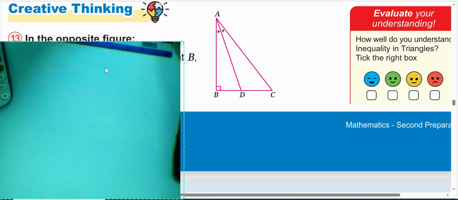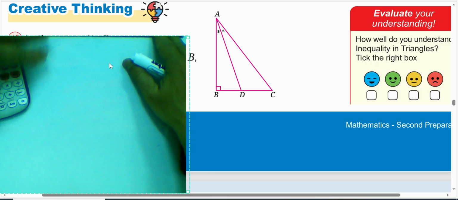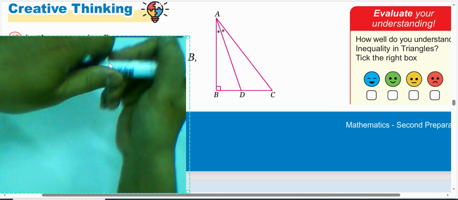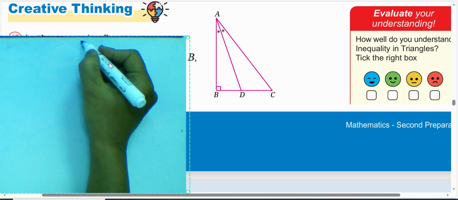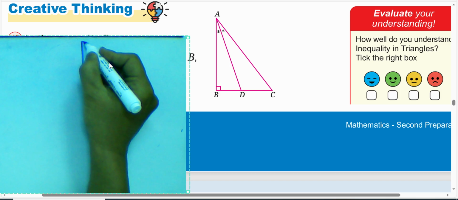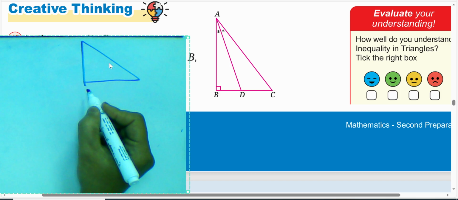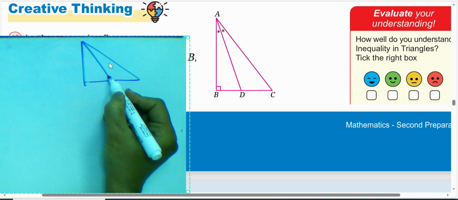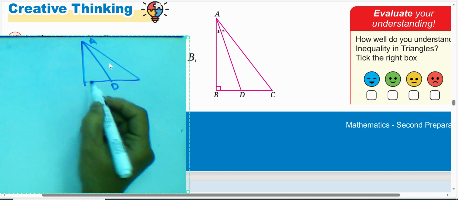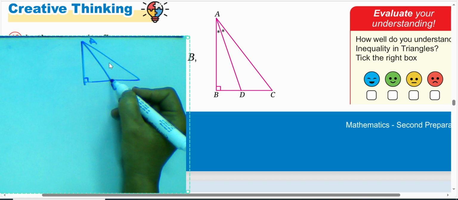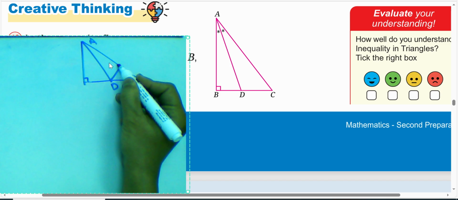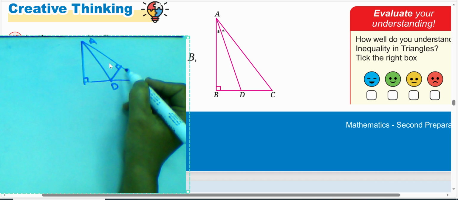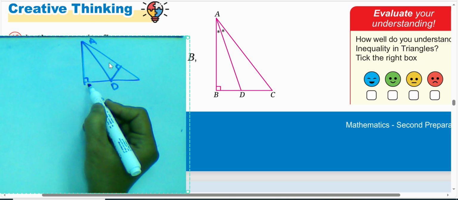Okay, think with me about this question. Look, first step, I will draw a right angle triangle here, like this, and AD. I will draw this line segment perpendicular, DF.